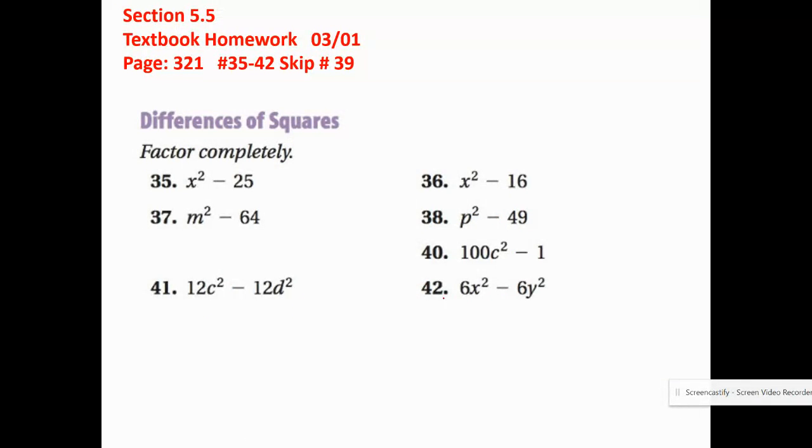Yeah, see right here, number 42 and number 41 have the extra letter in the back. So on this one, you want to first pull out the GCF of 12 and then do the magic X. And on this one, you want to pull out the GCF of 6 and then do the magic X.